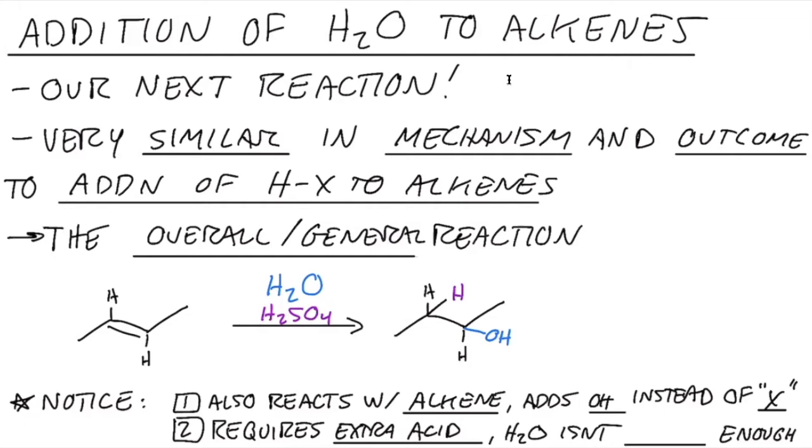But for water, water's not strong enough of an acid, and it's also not very good of a nucleophile either. So we need to add a little bit of this extra acid in here so that we can have a nice carbocation formation, and then the nucleophile water will be able to react with it. So let's dive in and start taking a look at that mechanism, shall we?